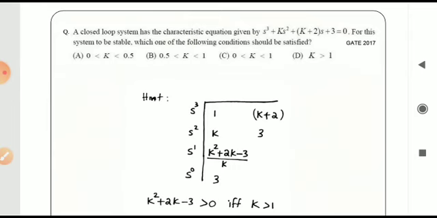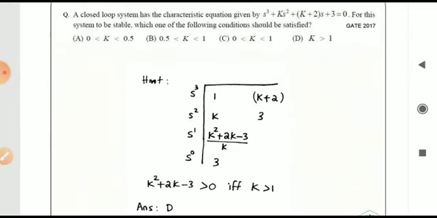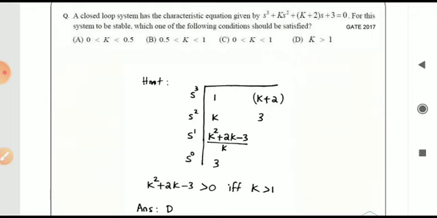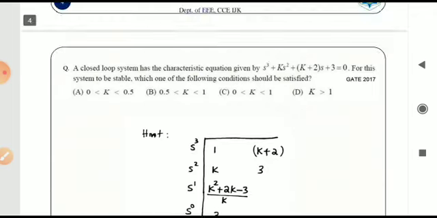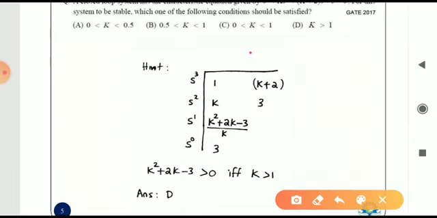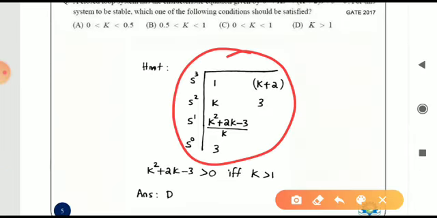Now since we have the characteristic equation, we can form the Routh array like this. Now we know the system will be stable only if the first column of the Routh array elements all have the same sign, or in this case all should be positive.